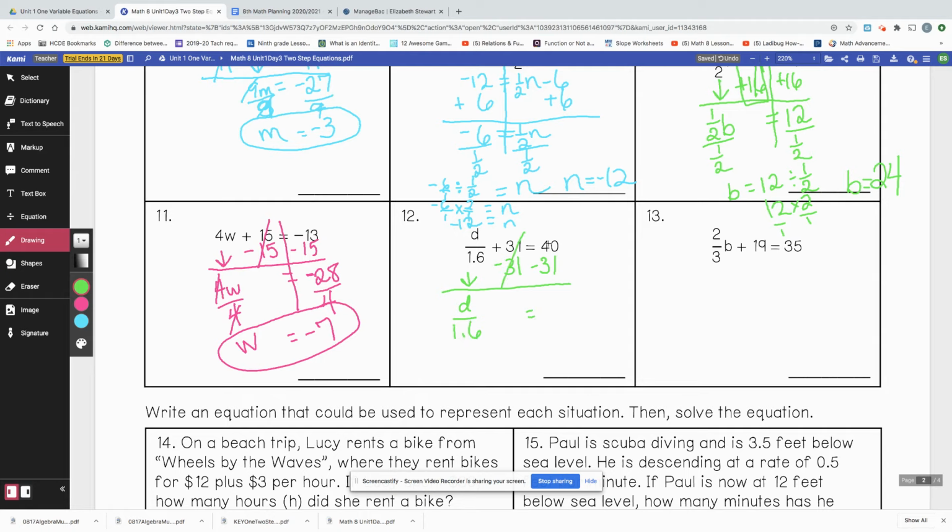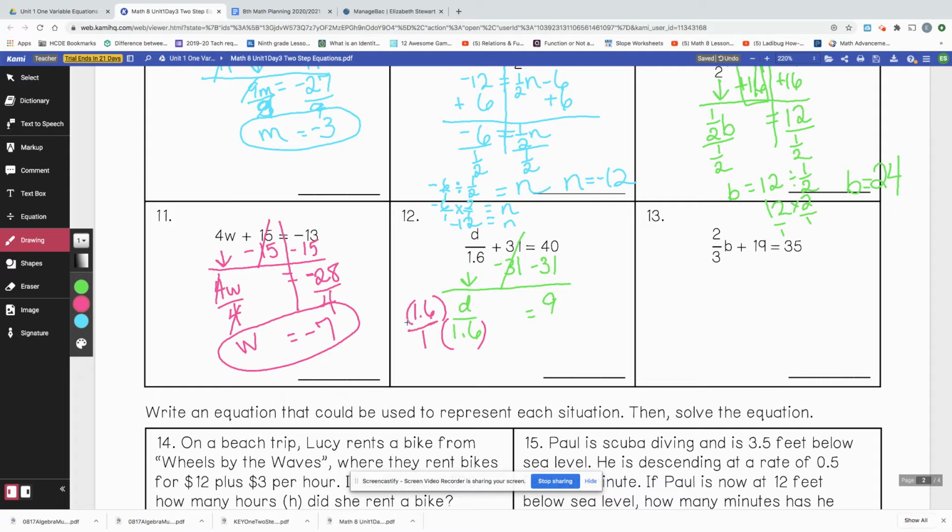This zeroes out, and then I have 40 minus 31, which is 9. Now notice I have d divided by 1.6. Reversing division means I want to multiply. So I'm going to multiply both sides by 1.6. Helps to think of that with the denominator of 1.